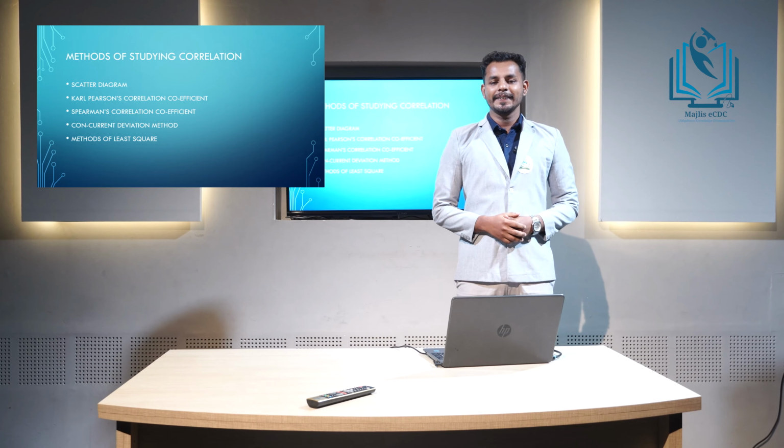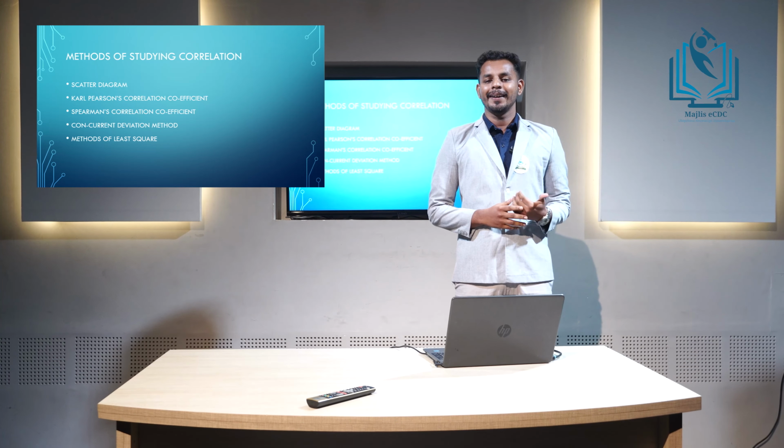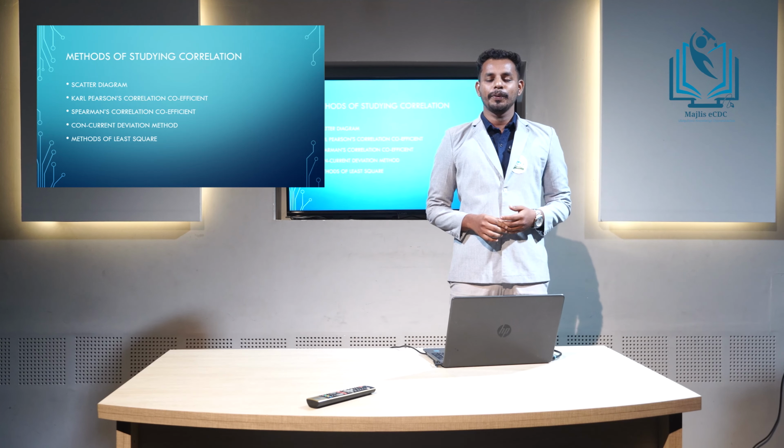Our second method is the Karl Pearson correlation coefficient. This method was developed by Karl Pearson, hence it is called the Karl Pearson correlation coefficient. It is usually denoted by the small letter r, and we have many equations used for finding it. The third one is the Spearman correlation coefficient, also known as the rank correlation coefficient.